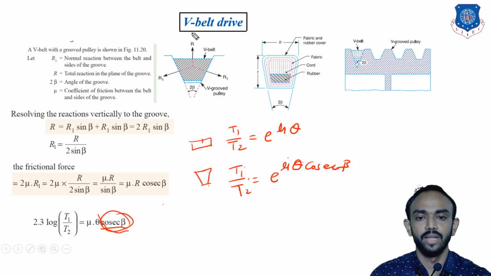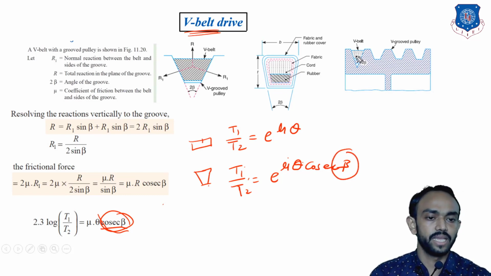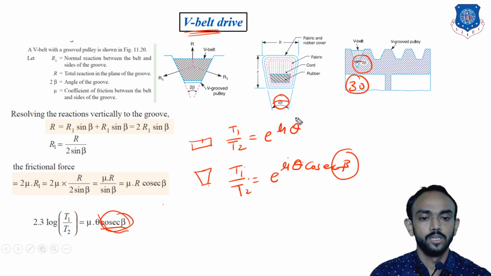If the V belt is used, remember how beta is given. If the slot angle is given as 30 degrees, this total angle is 30 degrees. But we have said the total angle is equal to 2 beta, so in the formula we have to put 15, half of that total angle.